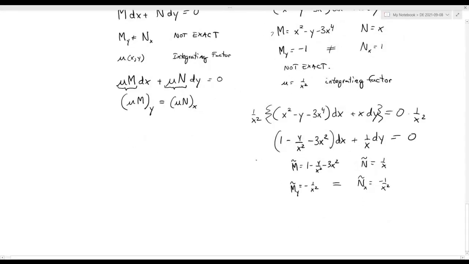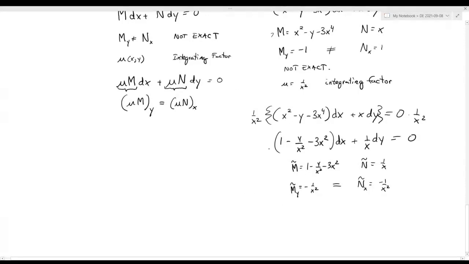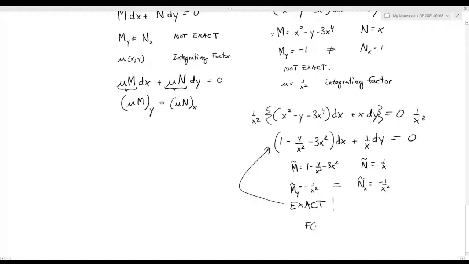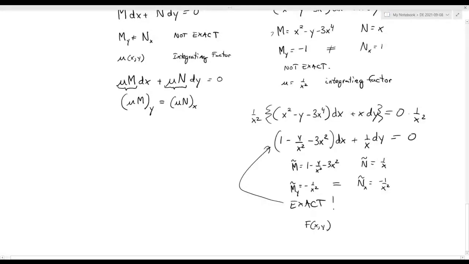So we see that our differential equation here is exact, meaning that we can try to recover some function, big F of x and y, whose total differential is equal to this left-hand side.